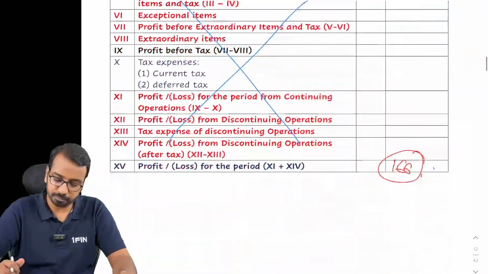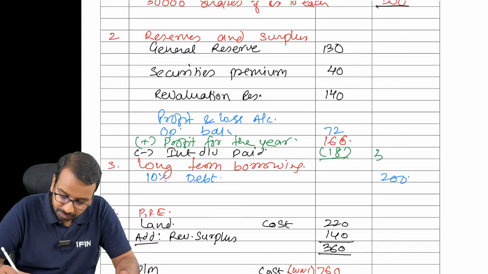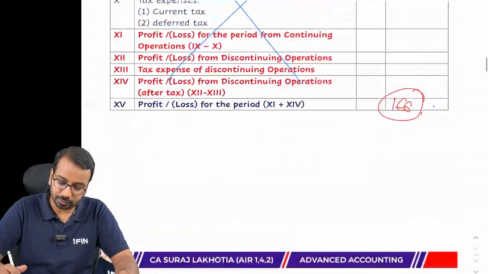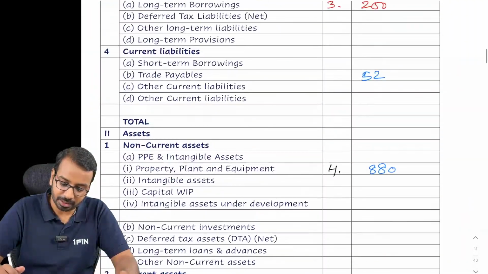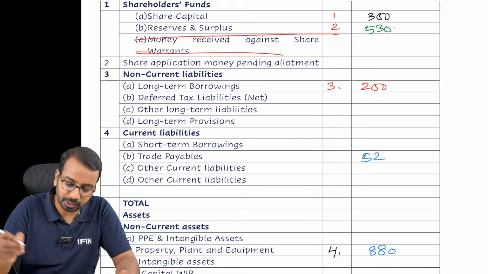How much is this now? 130 plus 40 plus 140 plus 72 plus 166 minus 18, we get 530. You have to write it down here in the balance sheet under reserves and surplus, 530.